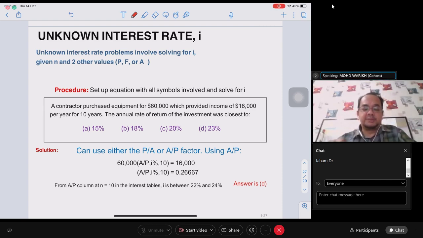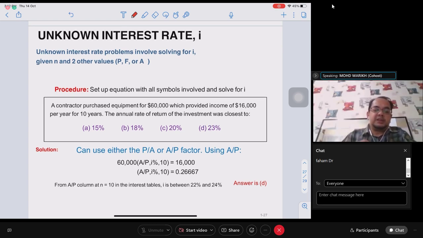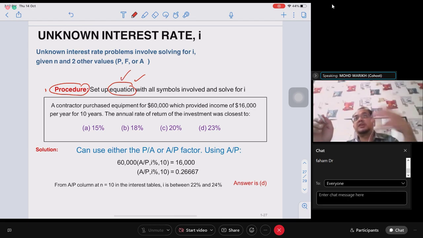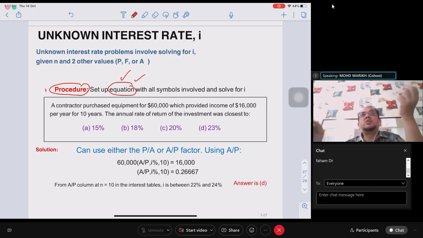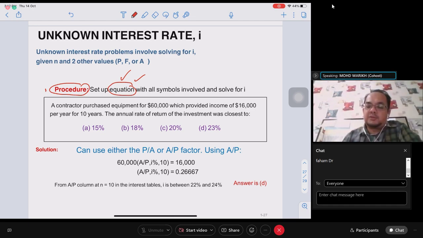The first thing, the procedure here, is you have to set up an equation based on the question. It's very important. Equation means P equals something, or F equals something, with all the symbols involved, including i.